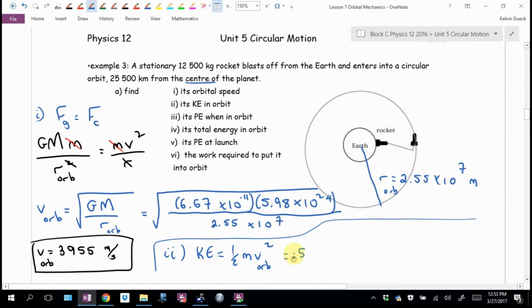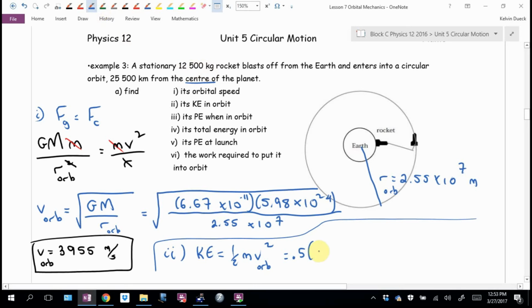0.5. Kevin, what's little m? Did they tell me the mass of the rocket? It's in there somewhere. What's the mass of the rocket? 12,500?